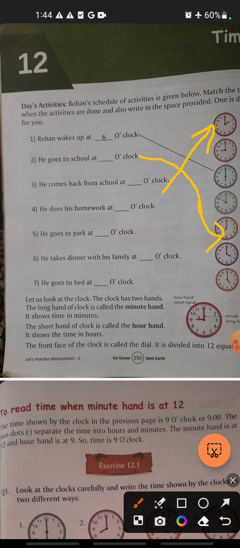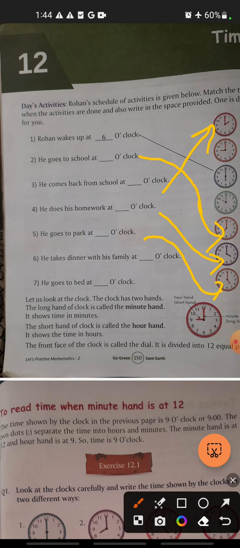Next is he does his homework at dash o'clock. He completes his homework at 4 o'clock. Next is he goes to the park at dash o'clock. He goes to the park at 5 o'clock.